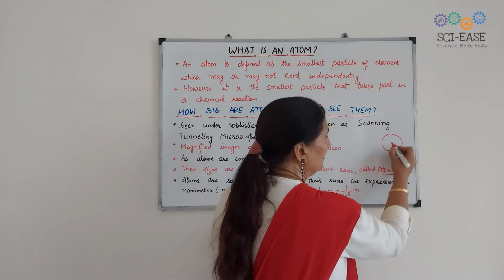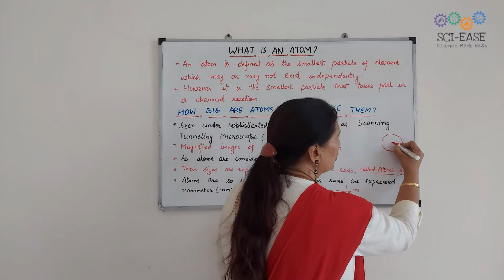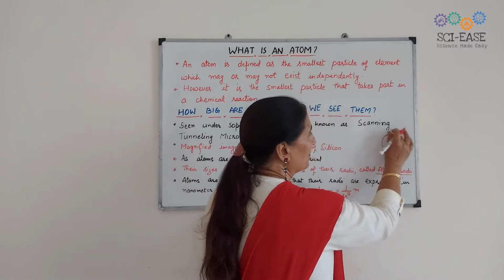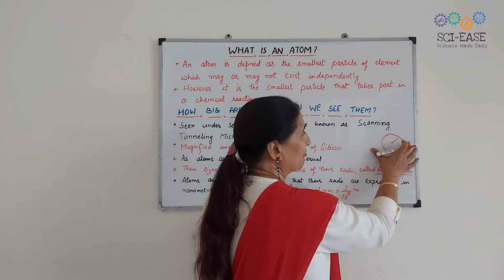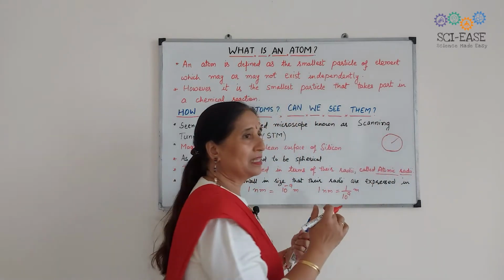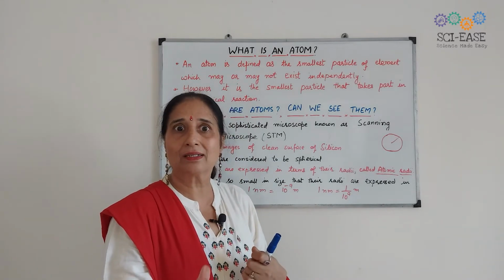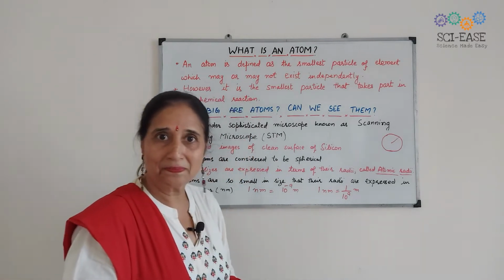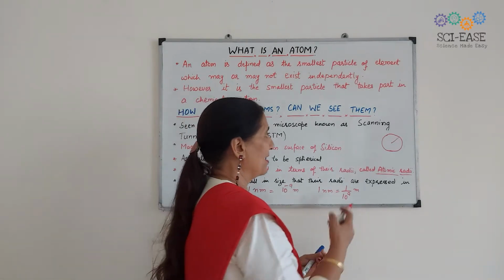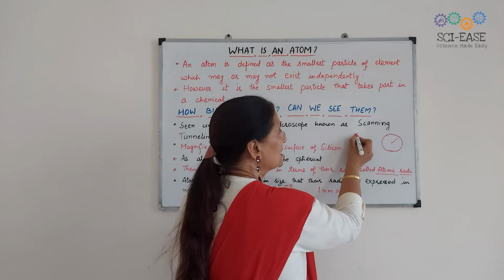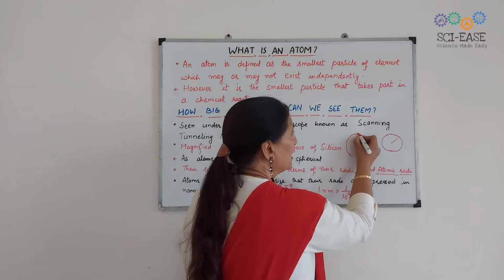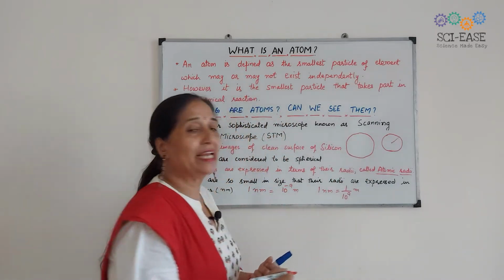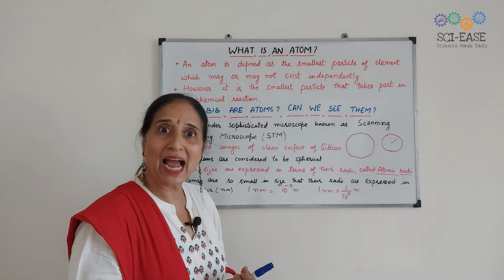We take a center and then we draw a line up to its periphery, or you can say circumference. So this much, that is the radius of a circle, that is the size of the circle. In the same way, I have told you that atom is spherical in shape. So its atomic radii, that will tell us the size of an atom.